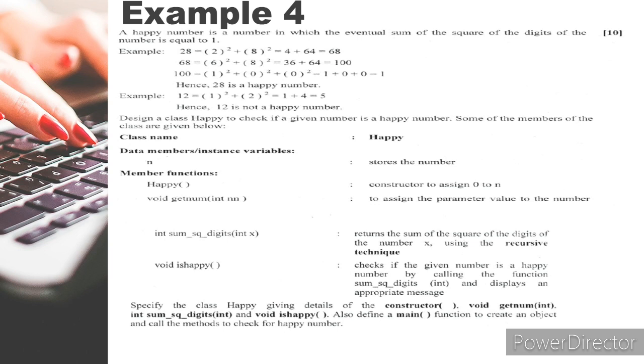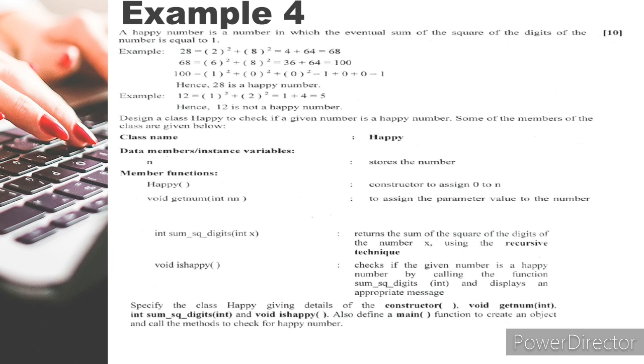So the class name is happy, the data member is n, and the default constructor is here, so n is initialized by 0. Void getNum int nn assigns the parameter's value to the number. That means whatever input we take through this nn, we need to assign to n. We are not using a parameterized constructor here. After that, int sum square of digit; we have already done the example of how to add the digits. Only here we need to convert it to the addition of squares. That means square it and add them.